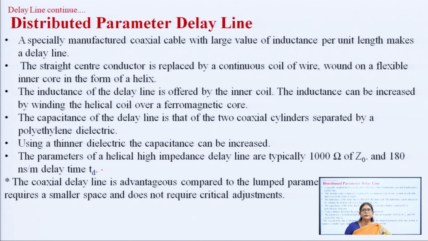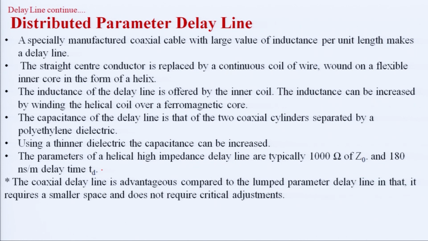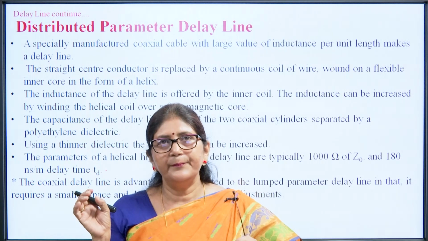The second is the distributed parameter delay line. In a distributed parameter delay line, we basically use coaxial cables. In the coaxial cable, the center conductor is replaced by a continuous coil of wire wound on a flexible inner core in the form of a helix.